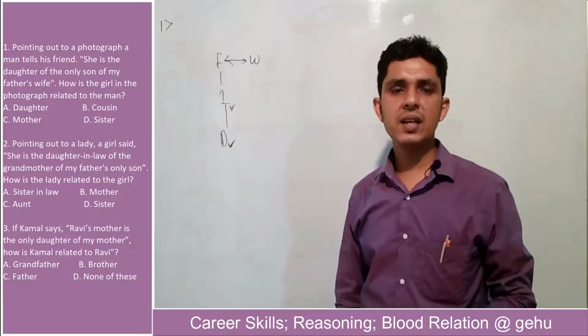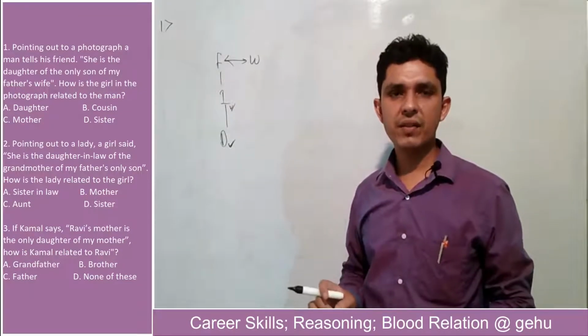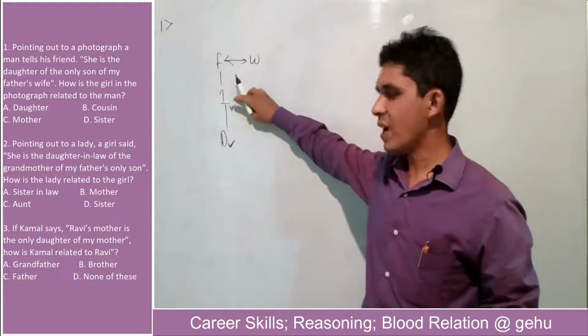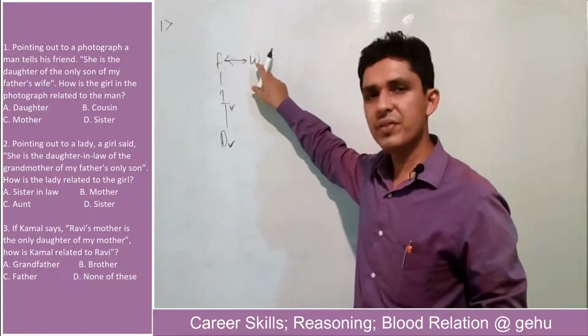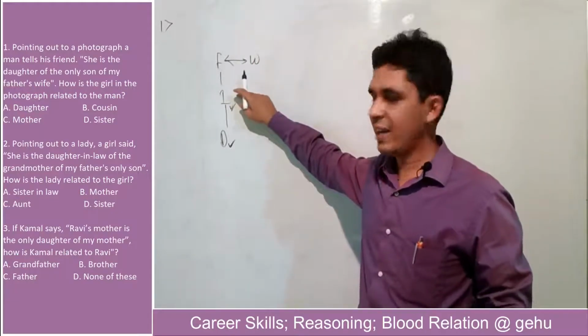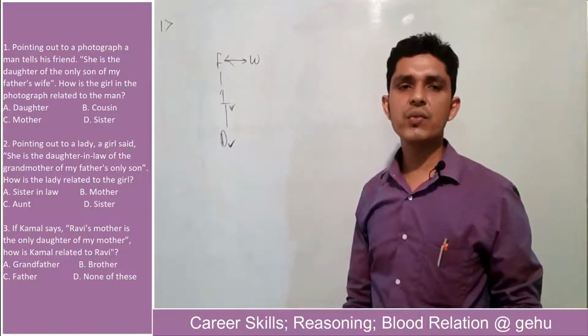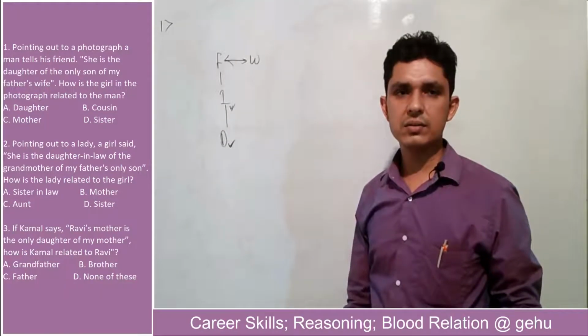Let us have it once again: she is the daughter of only son of my father's wife. So my father's wife, and only son of my father's wife, that means I, and his daughter, that means my daughter. Therefore the answer of this question will be daughter, right?